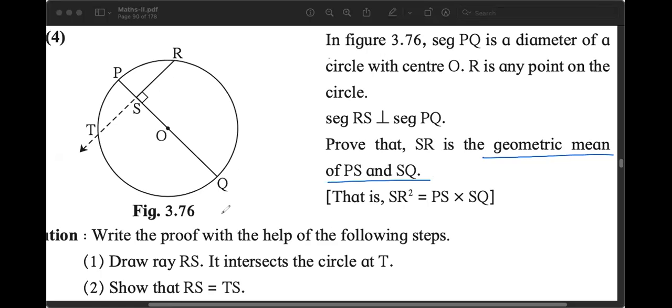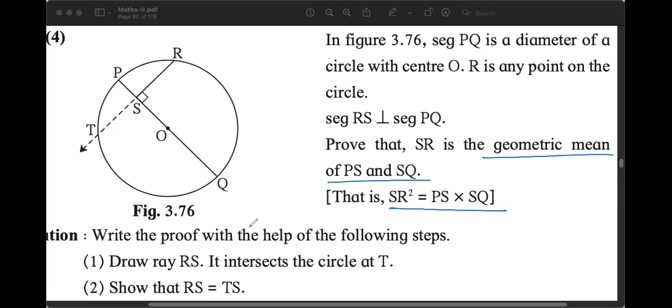We have also used this geometric mean concept in another chapter, Pythagoras theorem. There was the theorem of geometric mean. So when it says prove that SR is the geometric mean of PS and SQ, what it means is we have to prove that SR square equals PS multiplied by SQ.